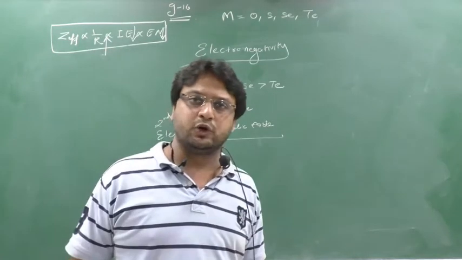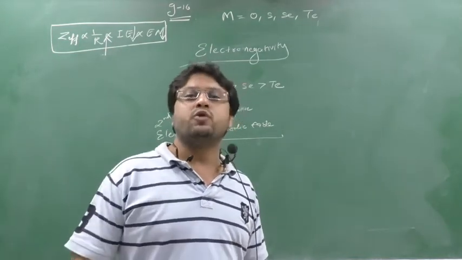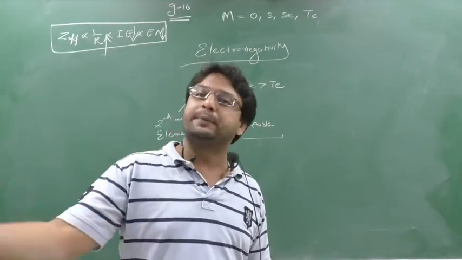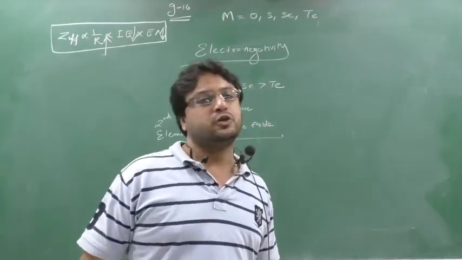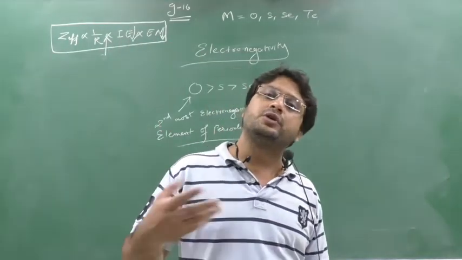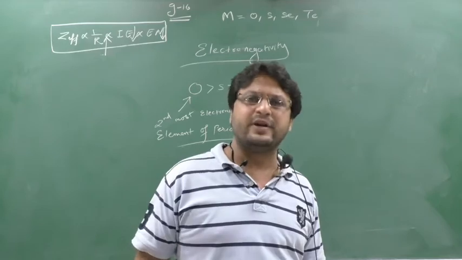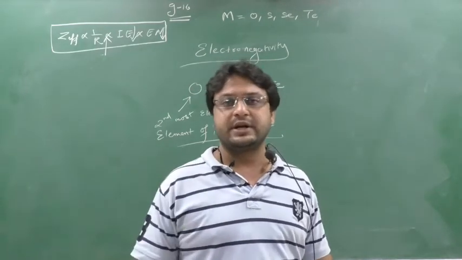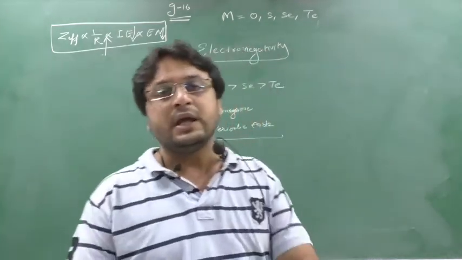Because moving downside the group, positive oxidation state increases. And who will form the positive oxidation state, which shows the metallic property? They will form metal. You know the metal definition, which forms the positive ion. So as you move downside the group, positive oxidation state increases, plus 4 to plus 2. So moving downside the group, metallic property increases.